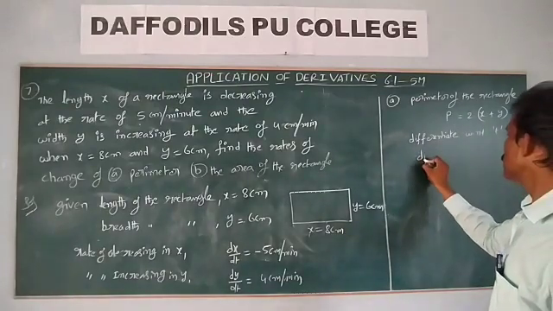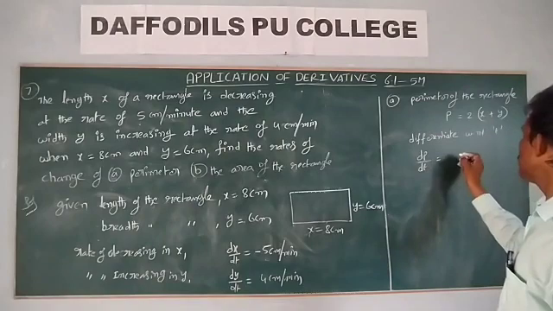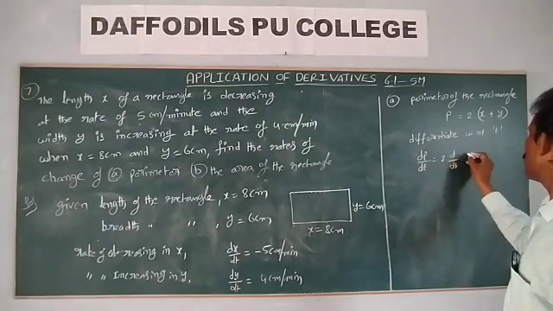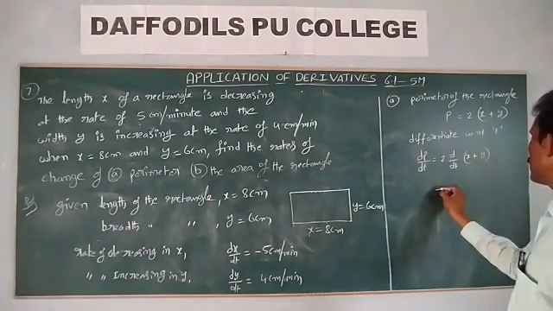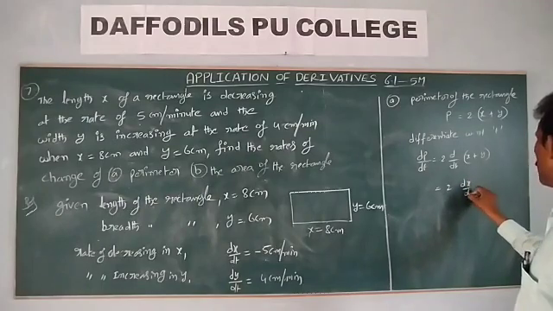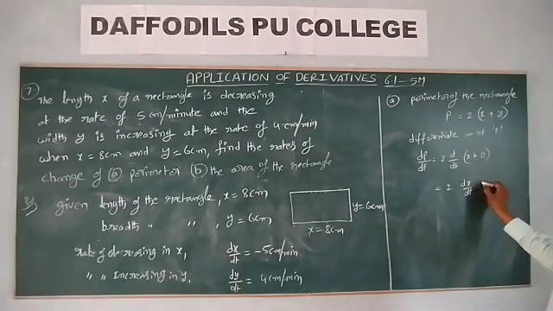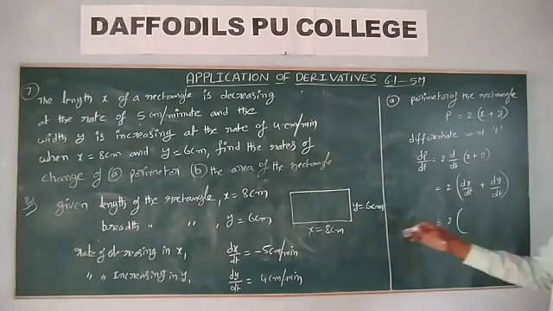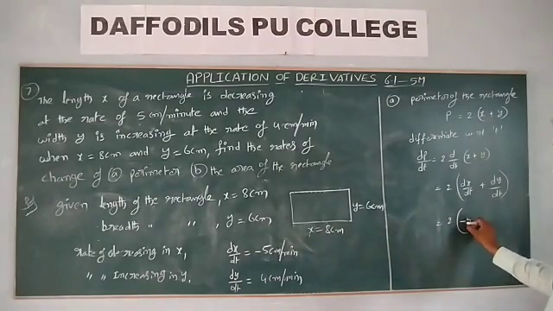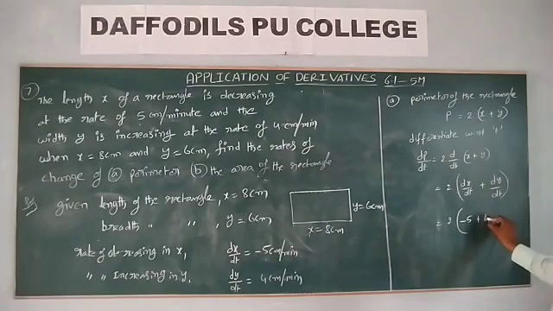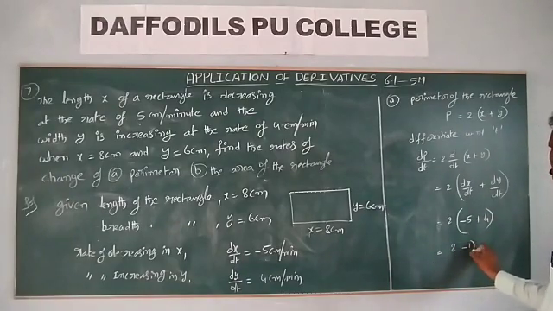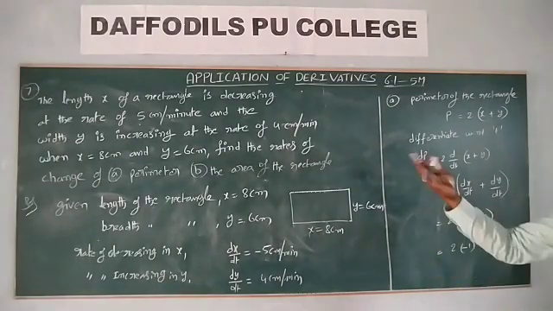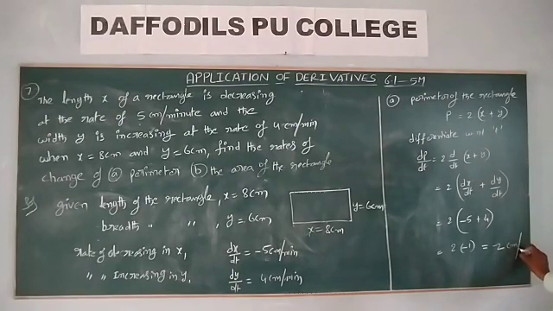Therefore dP by dt is equal to d by dt of 2 times x plus y. The 2 outside is a constant. Therefore 2 times dx by dt plus dy by dt. Therefore 2 times dx by dt value minus 5, dy by dt value plus 4. So finally 2 times minus 1, that is equal to minus 2 centimeter per minute.